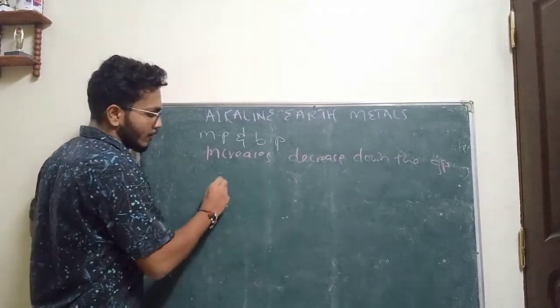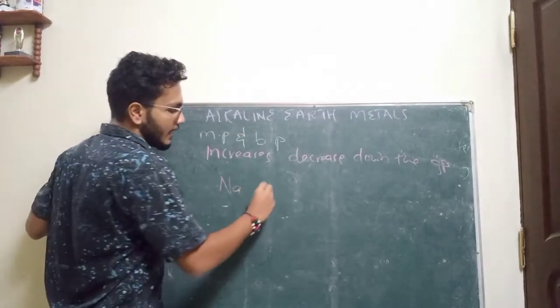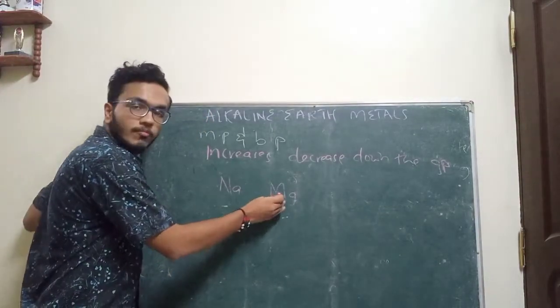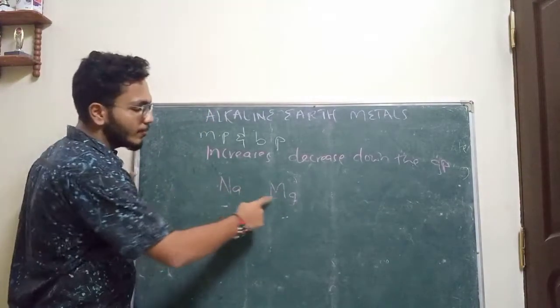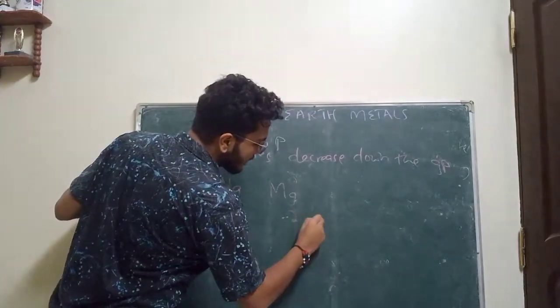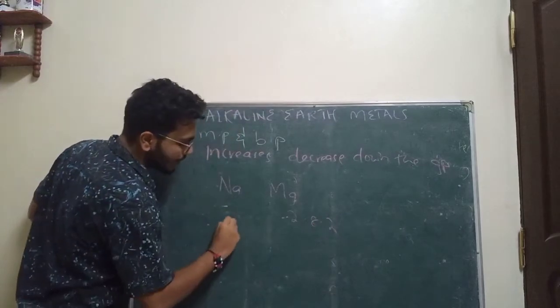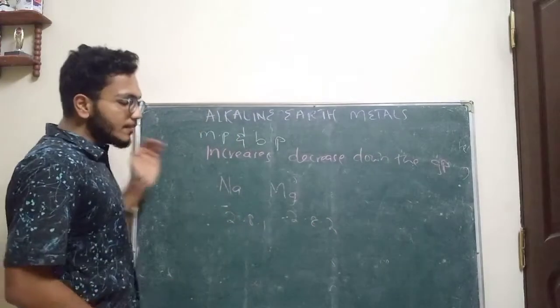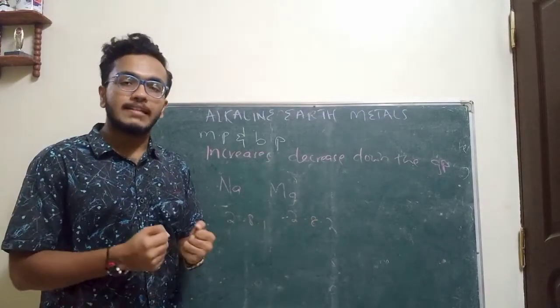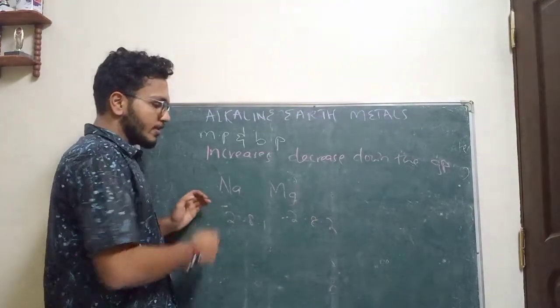Let's take the example of sodium, which is an alkali metal, and magnesium, which is an alkaline earth metal. The melting point of magnesium is higher than the melting point of sodium. Why? Magnesium having 2,8,2 and sodium having 2,8,1. Magnesium has more delocalized electrons, hence a stronger metallic bond than sodium.